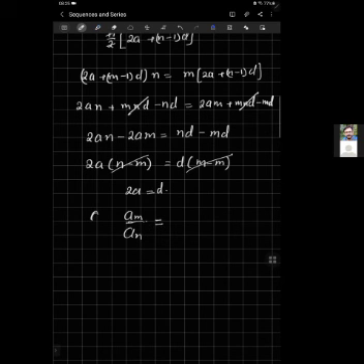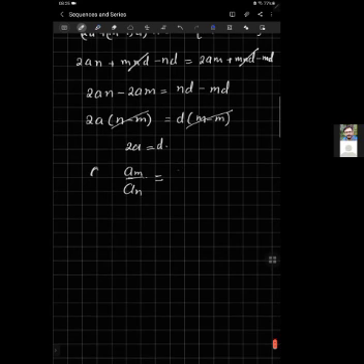So am, the formula for mth term, is a plus m minus 1 into difference d upon a plus n minus 1 into difference d.